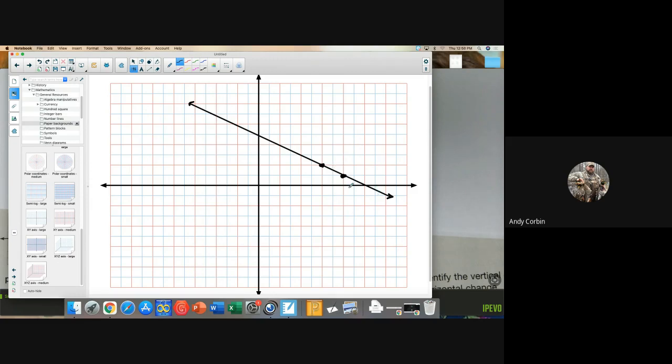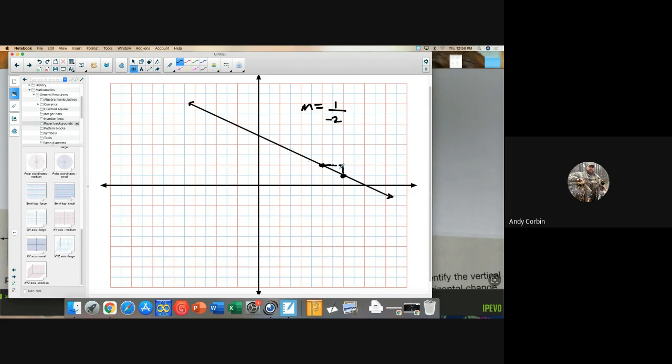So let's do rise over run. What's the rise? 1. What's the run? 2. Positive or negative? Negative, because we went to the left. So we rise 1, and we run -2.